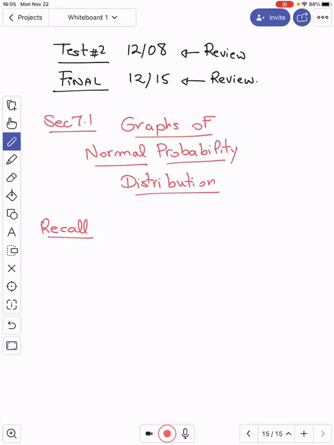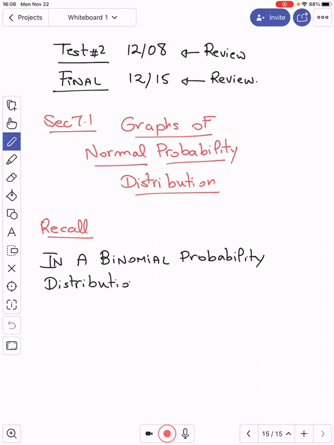So just to remind you, in a binomial probability distribution, our variable X is actually R. That's the number of successes.